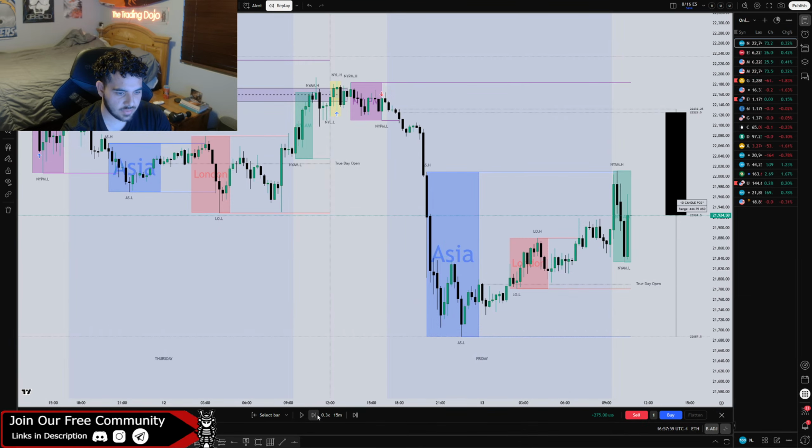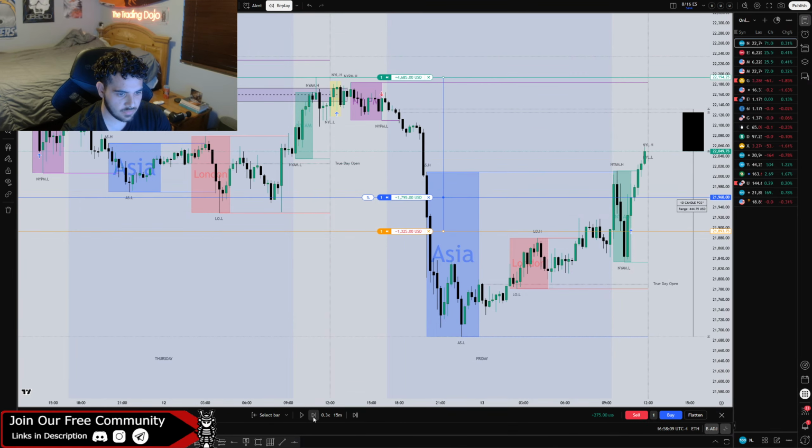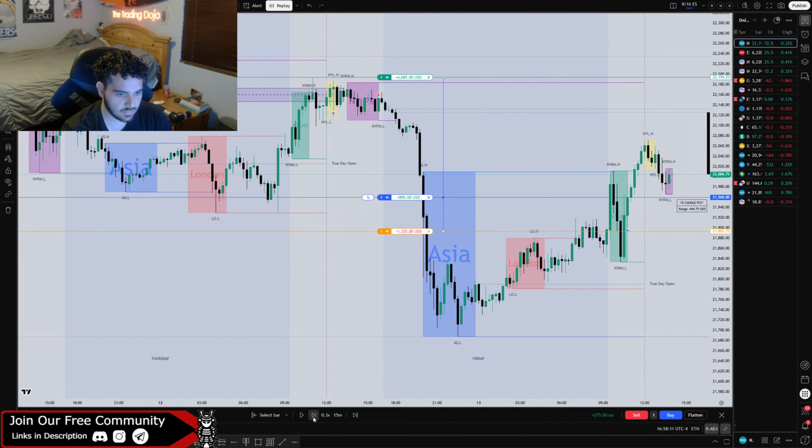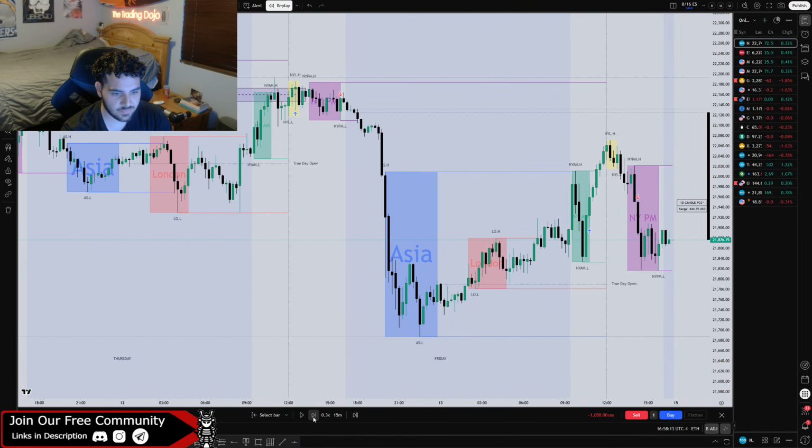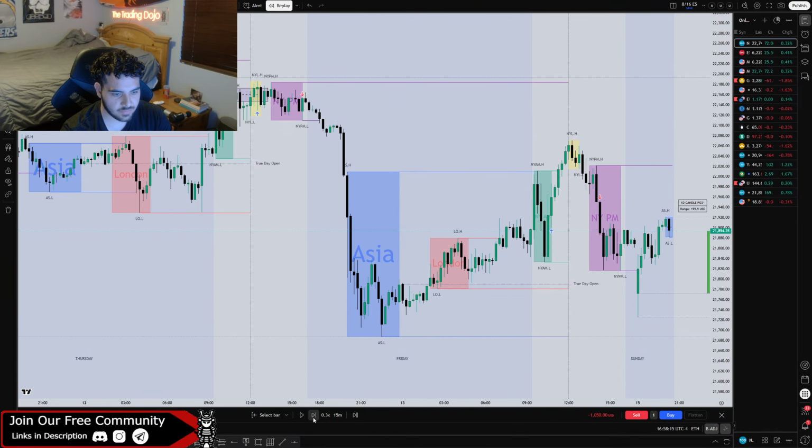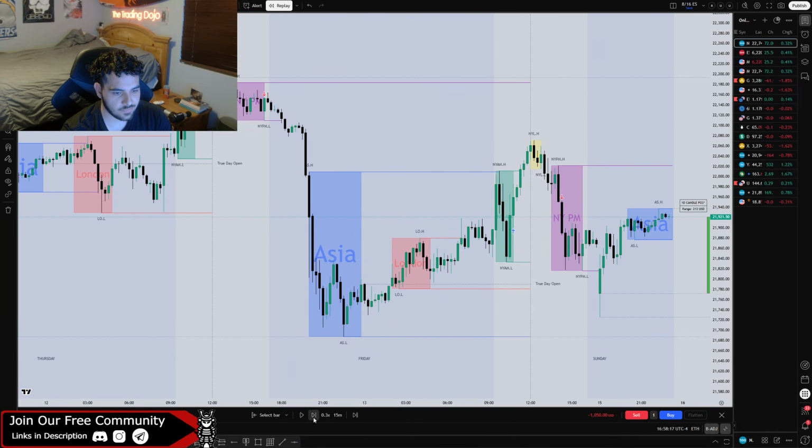Okay, I think we'll take some sell side and then yeah, invert to buy side. Target these highs right here. Let's see, we're not getting any follow through right there.